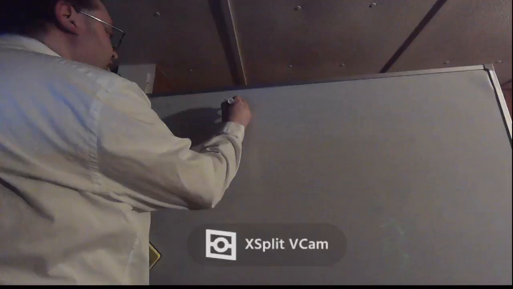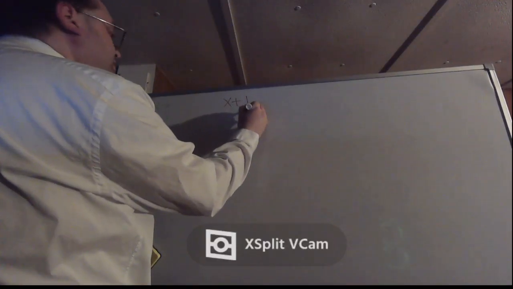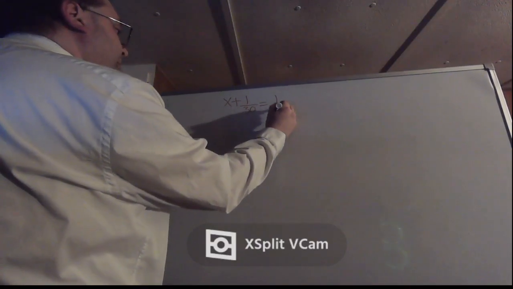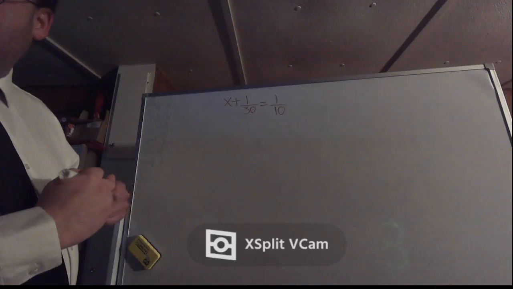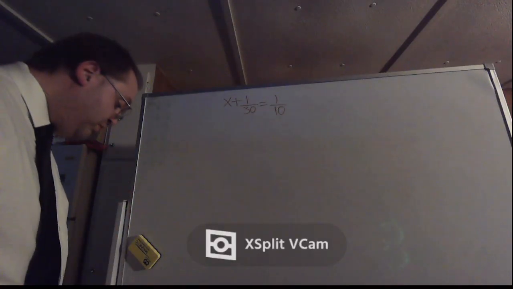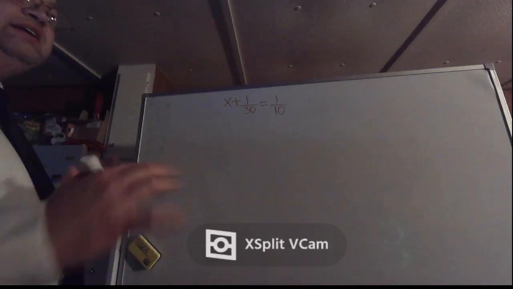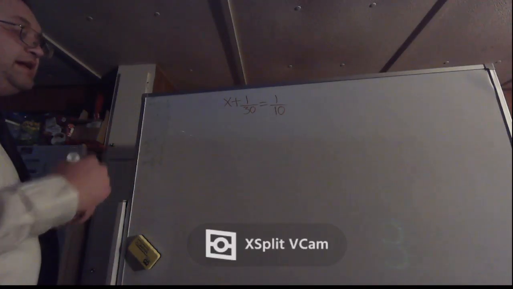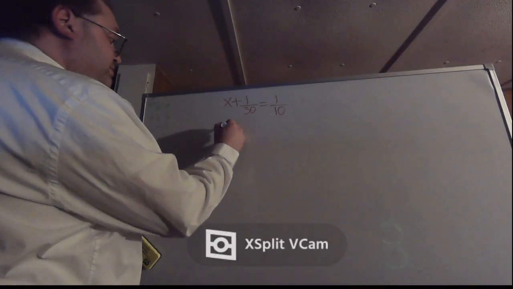Say we have x plus 1/30 is equal to 1/10. So what you would have to do now, kind of like what we did with whole numbers, we want to get the x by itself, so we need to subtract 1/30 from both sides.